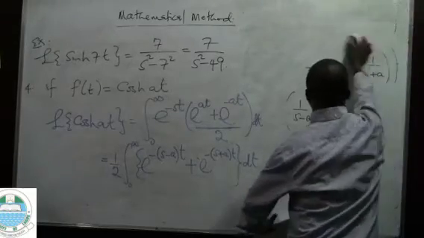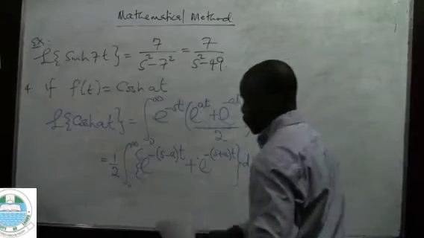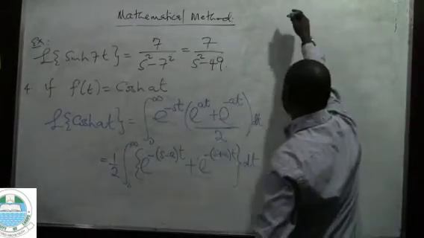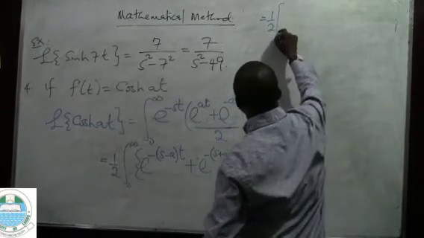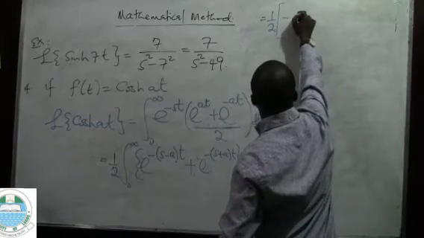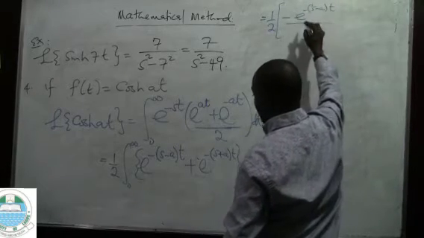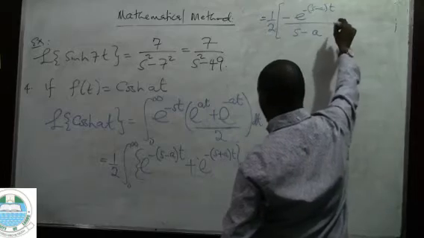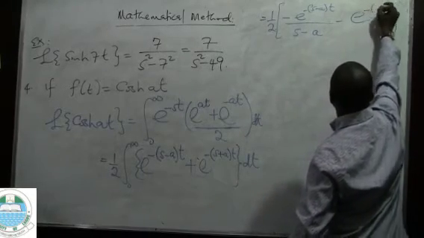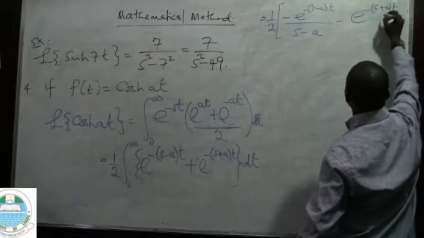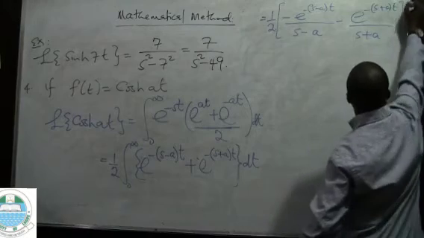Now let us integrate. The integral of the first term gives minus exponential of minus (s minus a)t divided by (s minus a), minus exponential of minus (s plus a)t divided by (s plus a), between 0 and infinity.